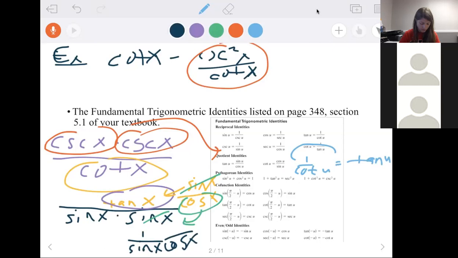And let's see here. We took our cosine to the bottom. Okay, so that looks good.